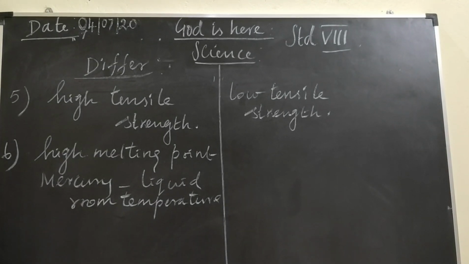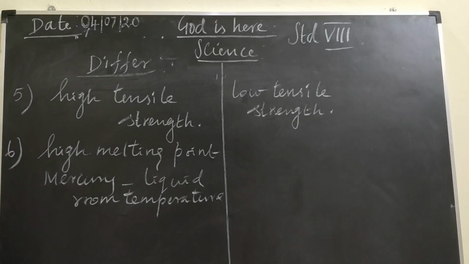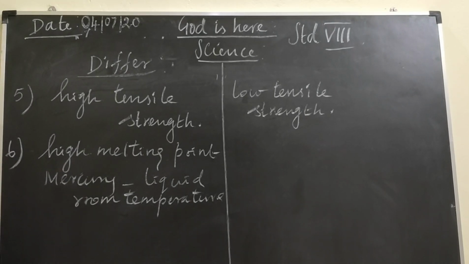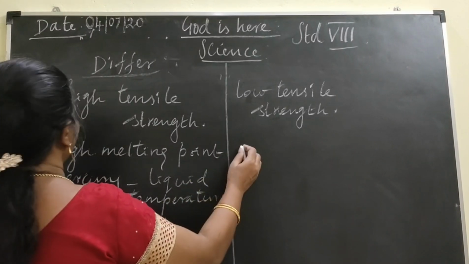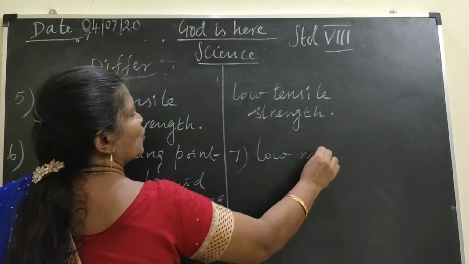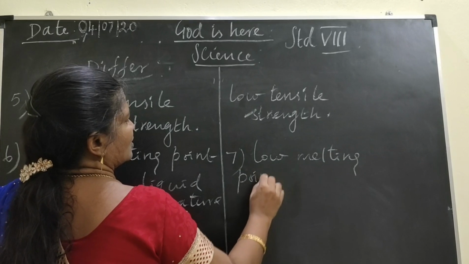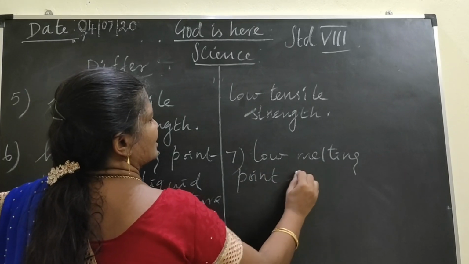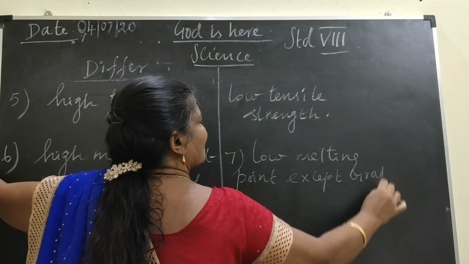Metals have high melting point. However, mercury is a liquid even at room temperature. Then, non-metals have low melting point, except graphite.